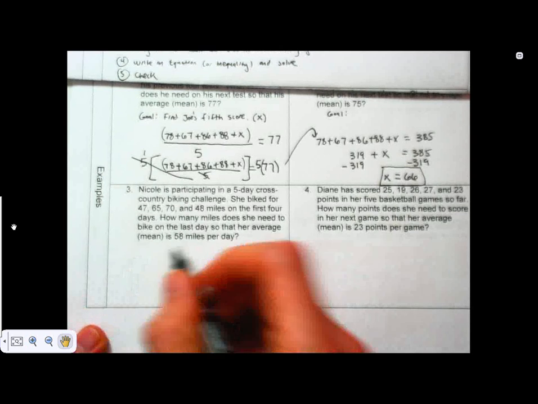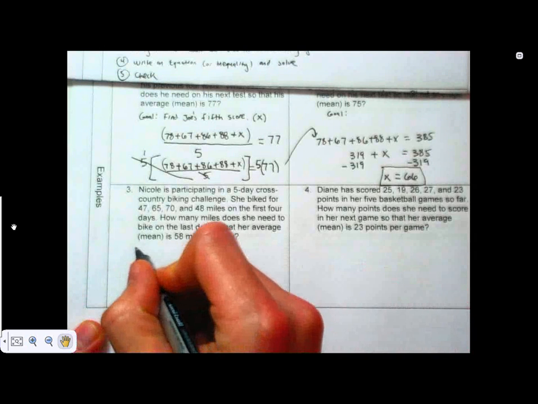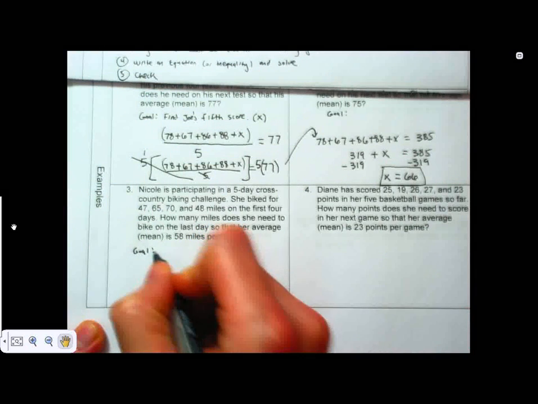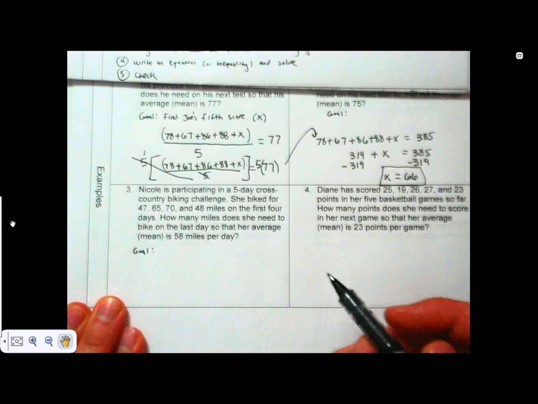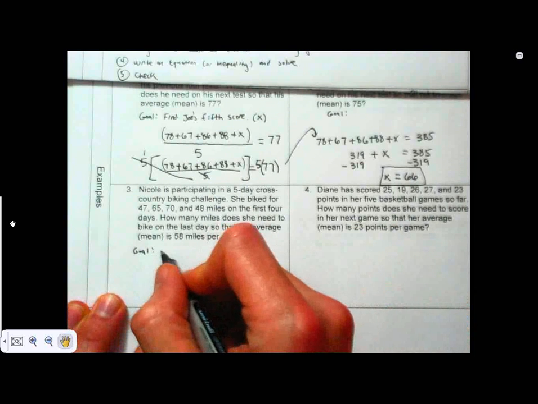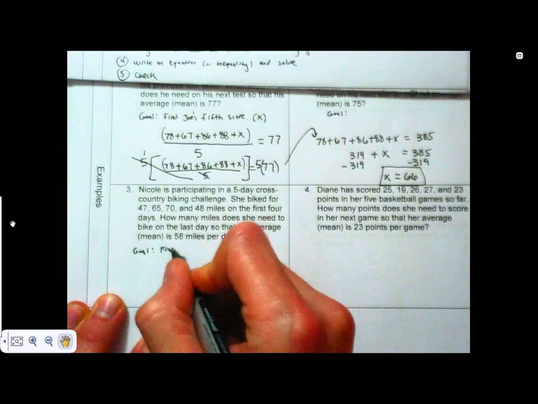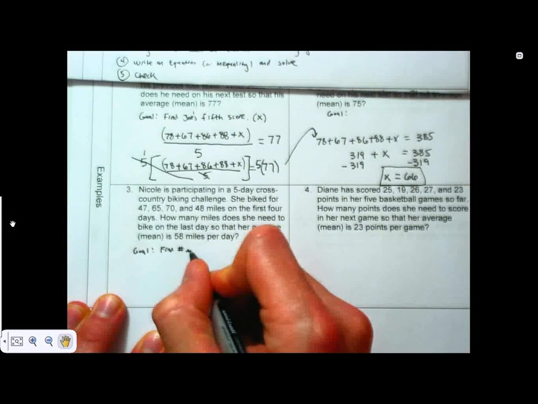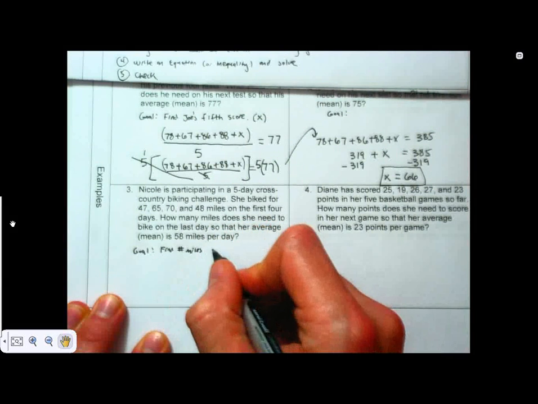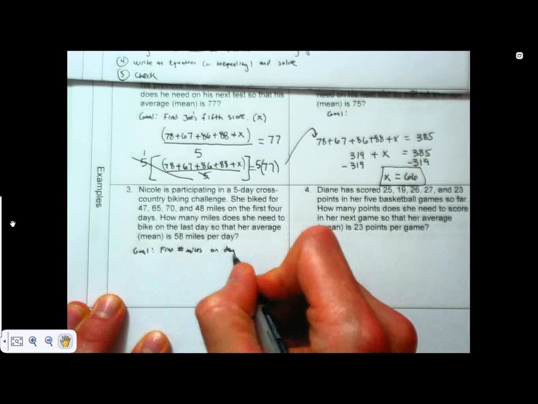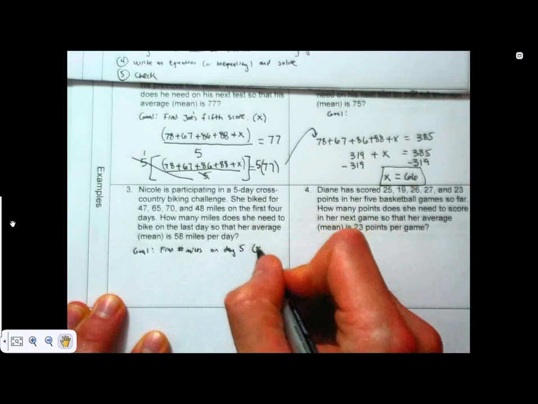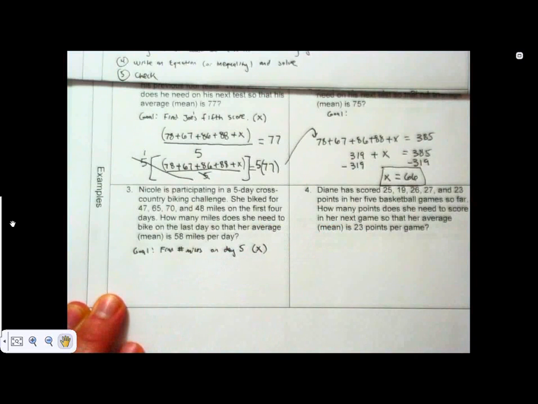So again, number 3 is similar to number 1 that we just worked on, in that our goal is to find the number of miles on the last day, or on the 5th day. So find the number of miles on day 5, which we don't know right now, so we're going to call that x.